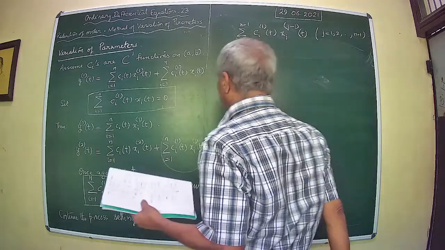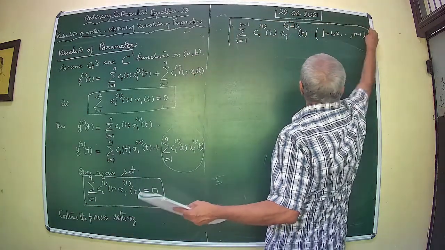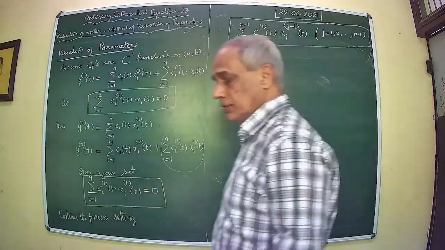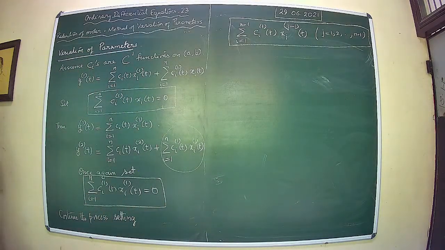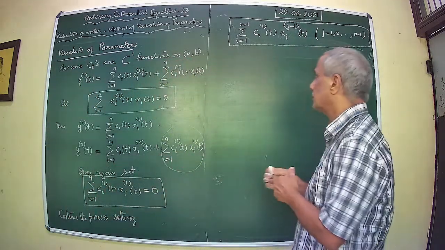So you have got n minus 1 equations already, but we have functions C1, C2, etc., n functions to be determined. So still there are fewer equations than the number of unknowns.